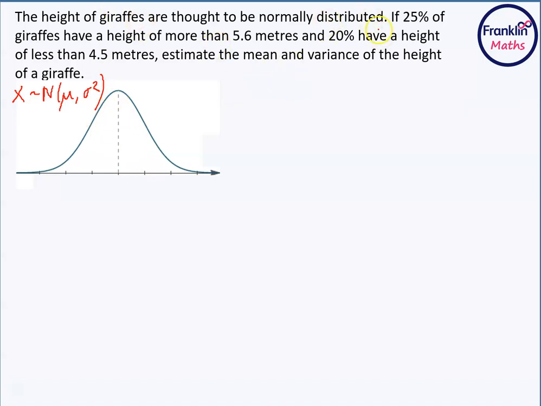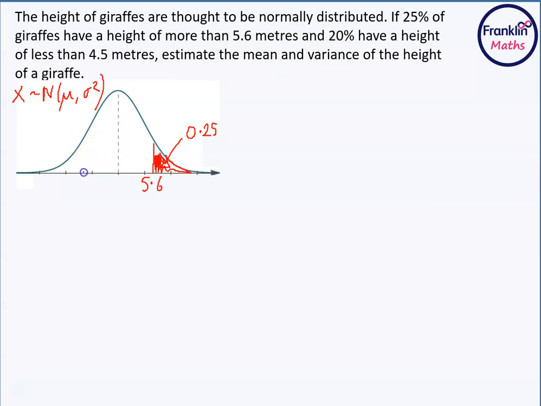So we know that 25% of the giraffes have a height of more than 5.6. So I'm just guessing here, 5.6 approximately. And because it said more than 5.6, the area of that section there is going to be 0.25. Okay, and over here we've got 20% have a height of less than 4.5 meters.